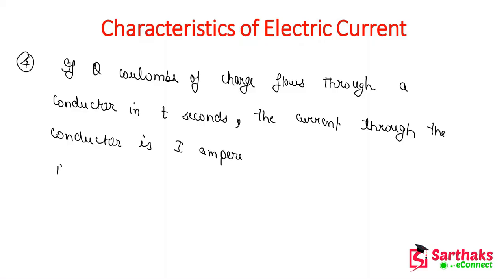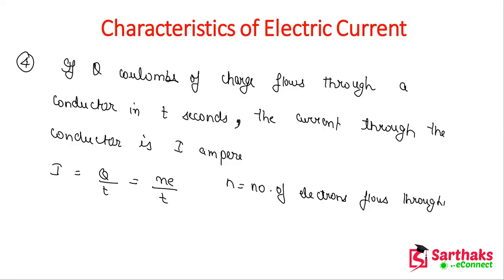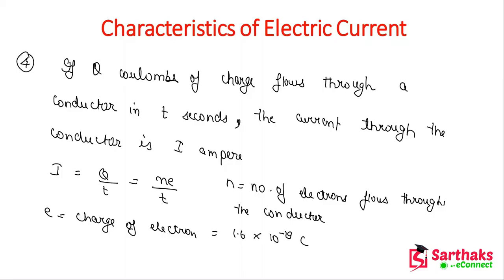We can write the formula as I equals Q divided by T, and Q equals N times E, so I equals N E divided by T. Here N is the number of electrons flowing through the conductor, and E is the charge of an electron, which equals 1.6 multiplied by 10 raised to the power minus 19 coulomb.